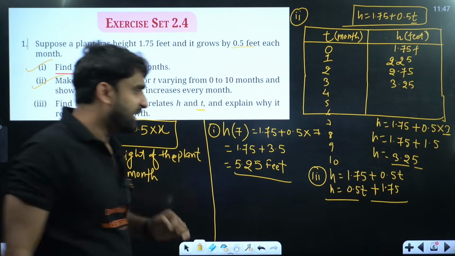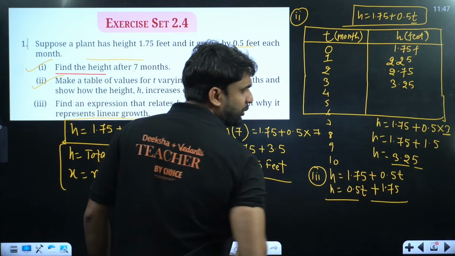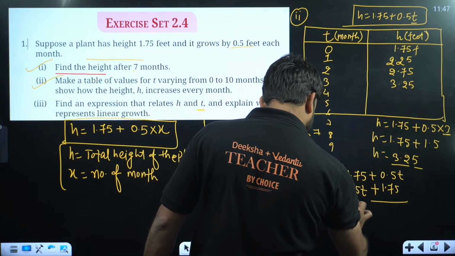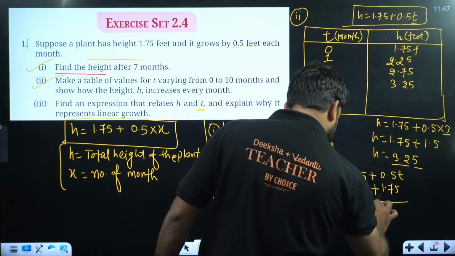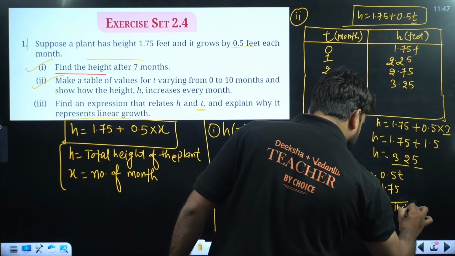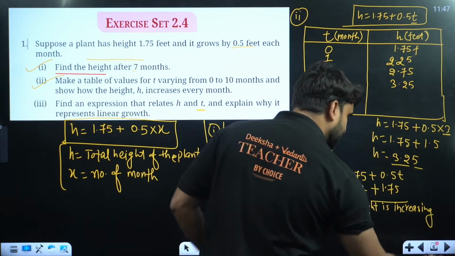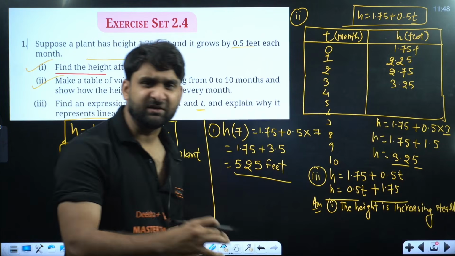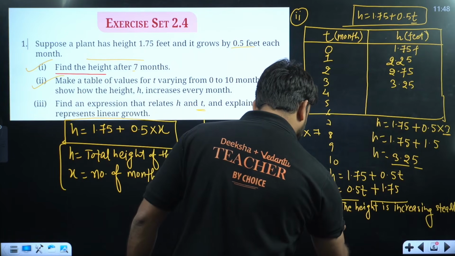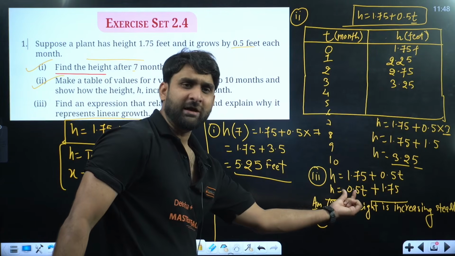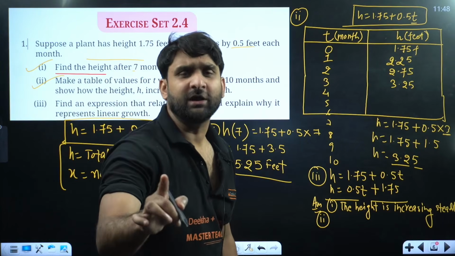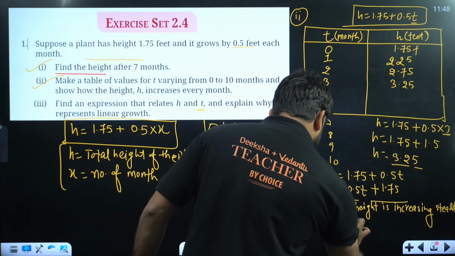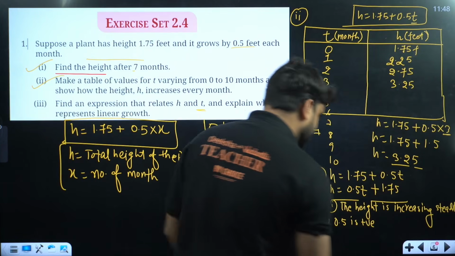Now the question is asking, explain why it represents linear growth. Listen. Why can we say this is linear growth? Because, first, the height is increasing steadily with a constant rate. And second, 0.5 is the coefficient of t, t is the variable, and 0.5 is positive.